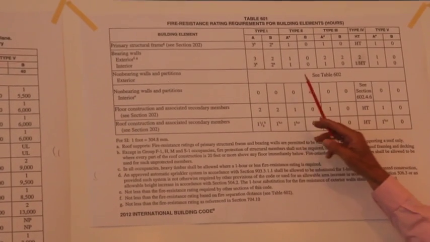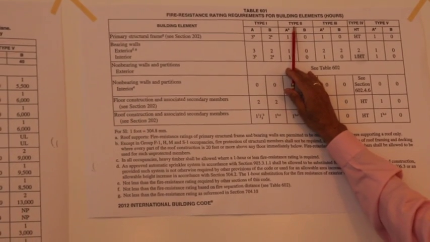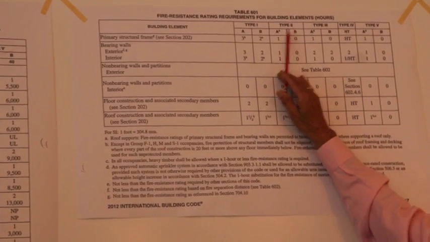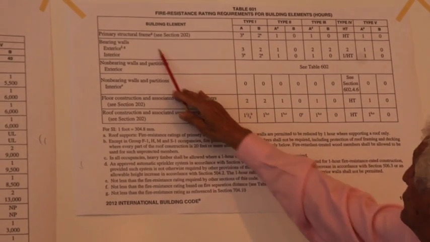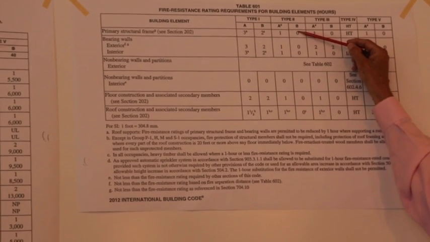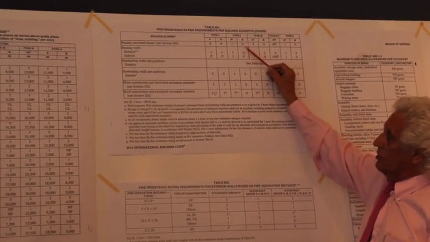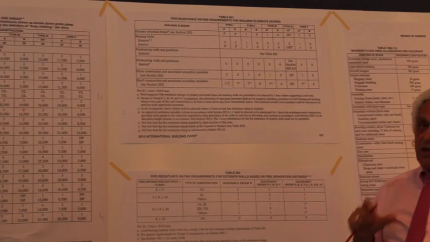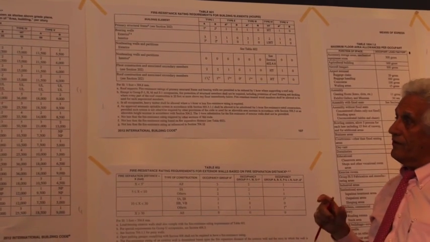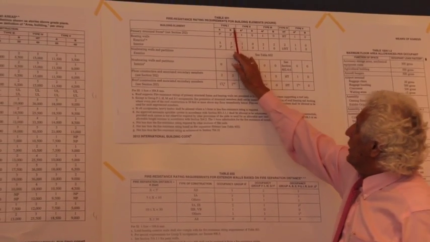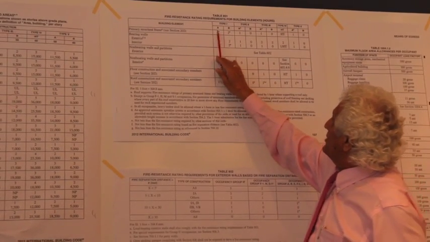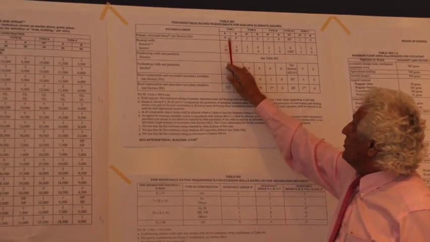So if you happen to have a building that is a type 2 construction, and you're looking at the primary structural frame, in this case, everything is a 0. That's why a lot of buildings are built of the type 2B construction. But you're limited to its size again. So if you want to really have a tall building that has a lot of footprint or a lot of height, then you're going to have to look at something that's much greater. In this case, you have a type 1 construction.